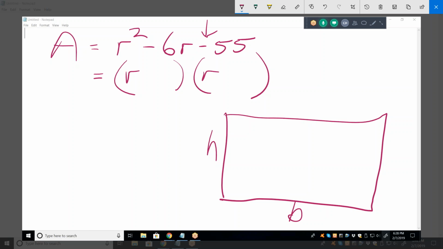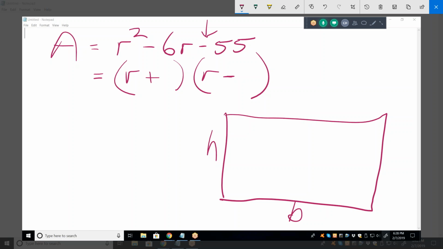Minus times a minus is a plus. So they've got to be opposite. One's got to be plus, one's got to be minus. That's always the second step, is to check that sign in front of the constant. That will tell you what both signs need to be.